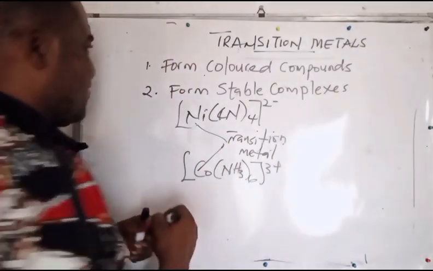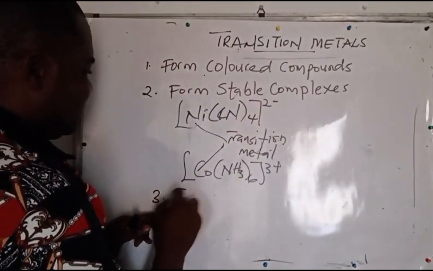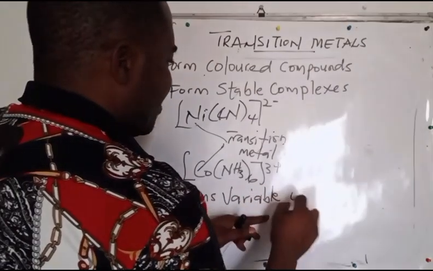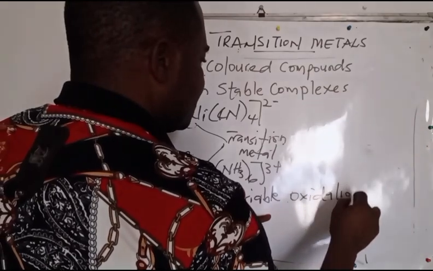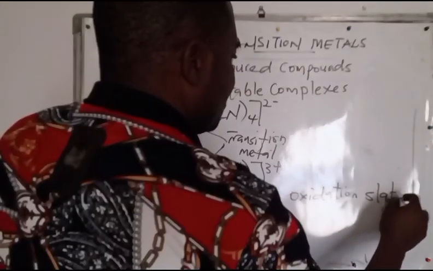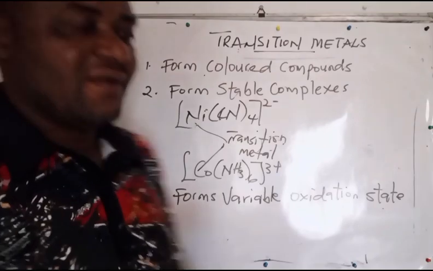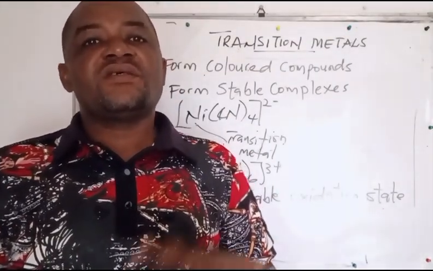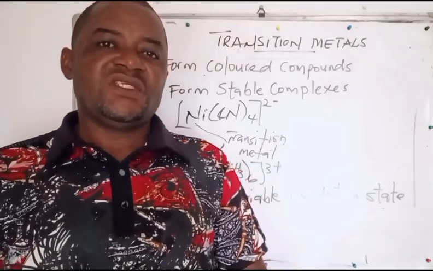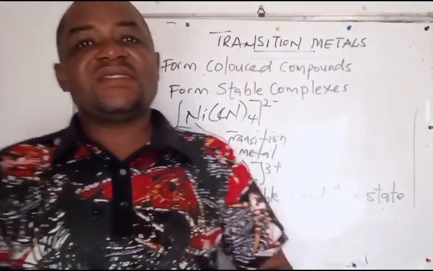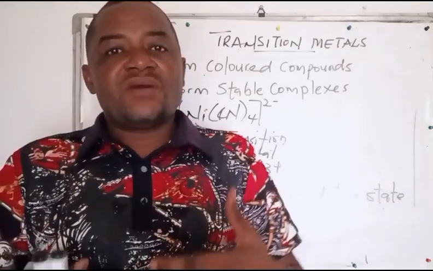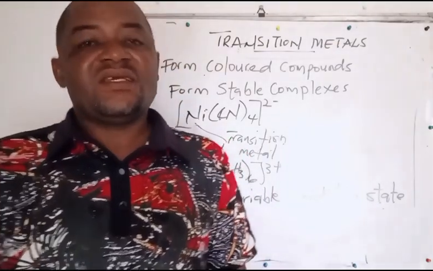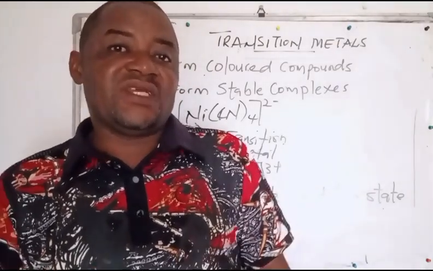Another general characteristic of transition metals is that they form variable oxidation states. What do you mean by that? It means that transition metals do not have just a single oxidation state. It can exist as +2, and it can exist beyond +2. So at its ground state, it can exist as +2, and in the excited state, it can exist as +3, as the case may be.